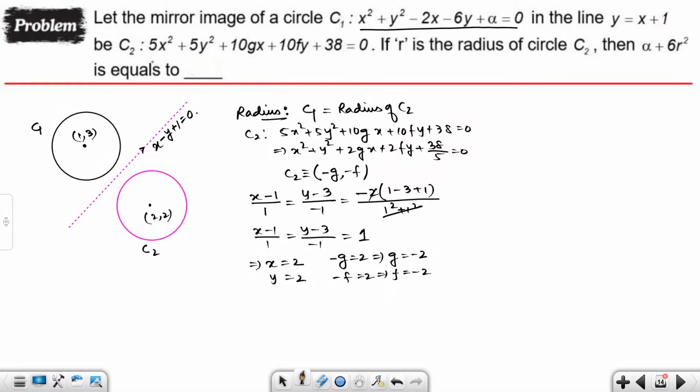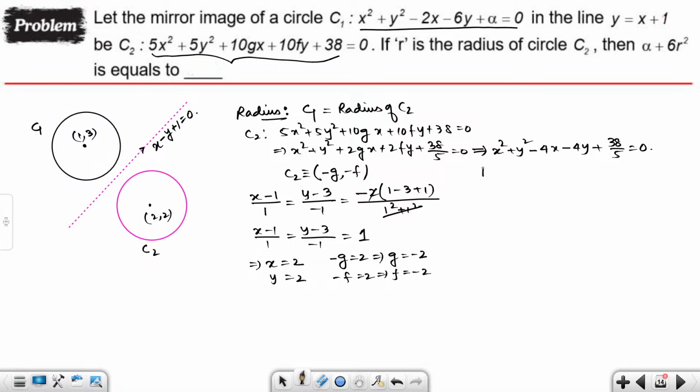So, the given equation becomes what? We can write from here only, it is x square plus y square. Your G is minus 2, so it is minus 4x minus 4y plus 38 over 5, which is equals to 0. Clear?